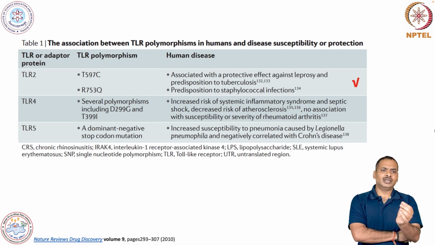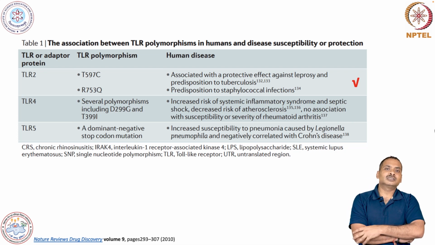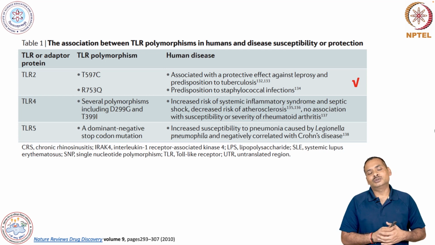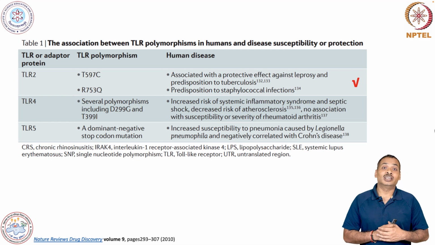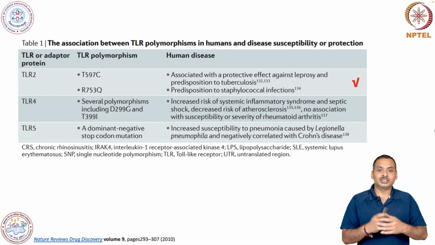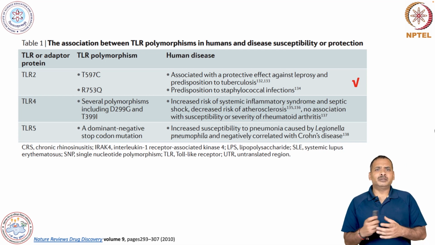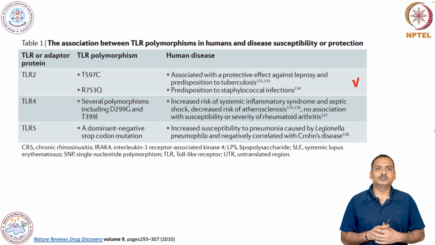This is at position 597, and when this mutation is there, it is kind of beneficial to the host in terms of susceptibility to leprosy. Okay, so these individuals are somehow protected from Mycobacterium leprae infection. And on the other hand, they may have more chances of getting tuberculosis.